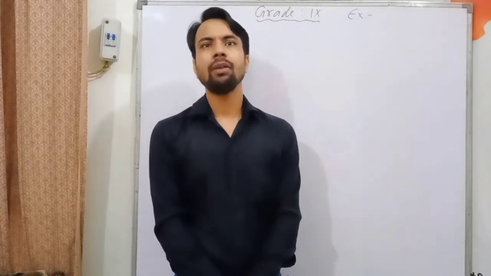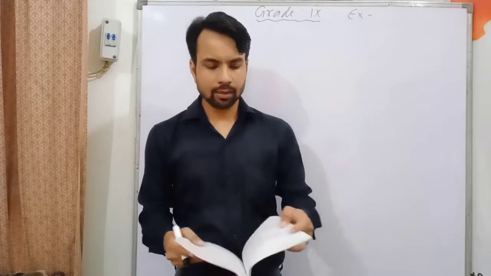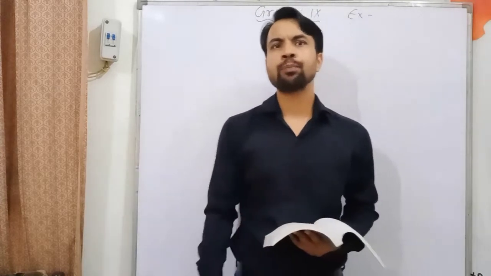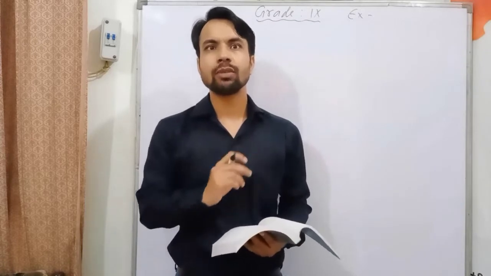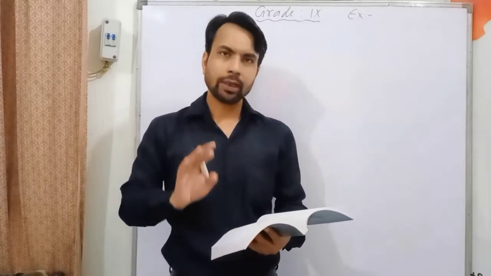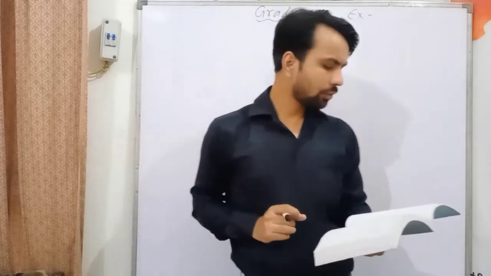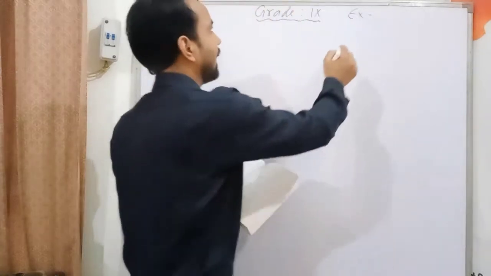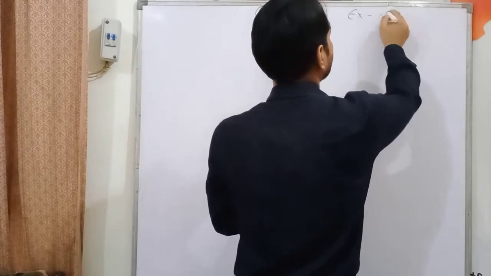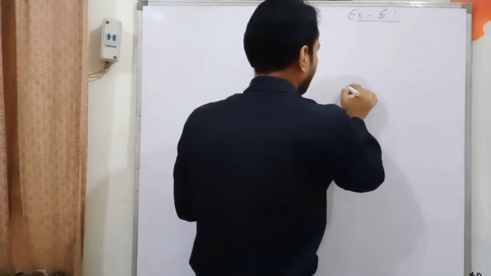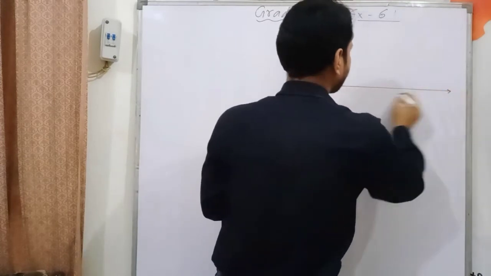Today I will explain exercise 6.1. I have already provided you the basic concepts of this chapter, so today we will start exercise 6.1. The very first question of this exercise is here. This figure is given.